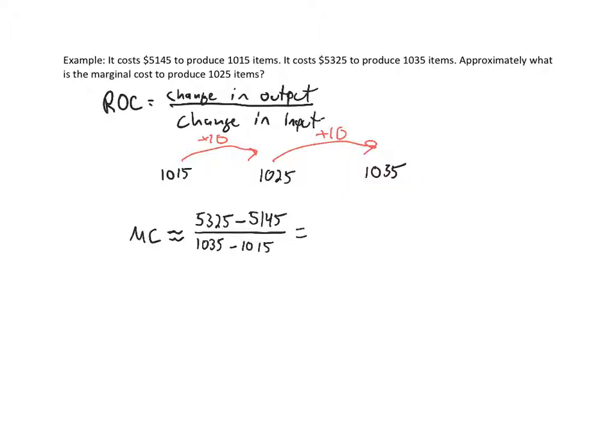And so when we calculate this number, we get 9. In other words, we're estimating the marginal cost is $9 at 1,025 items. In other words, we think that at 1,025 items, each additional item is costing us $9.